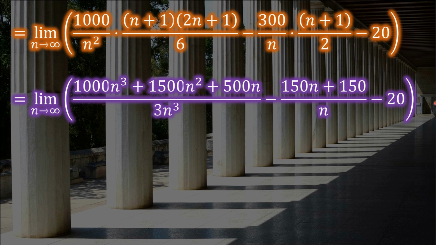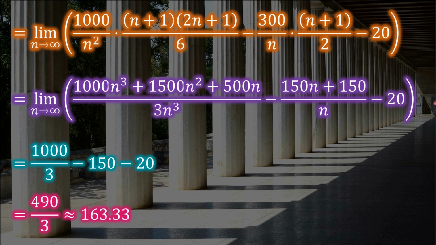And then the negative 20 doesn't have any variables in it, so that's just going to remain as a negative 20. Meaning this is 1000 over 3 minus 150 minus 20, which is 490 thirds, which is about 163.33.